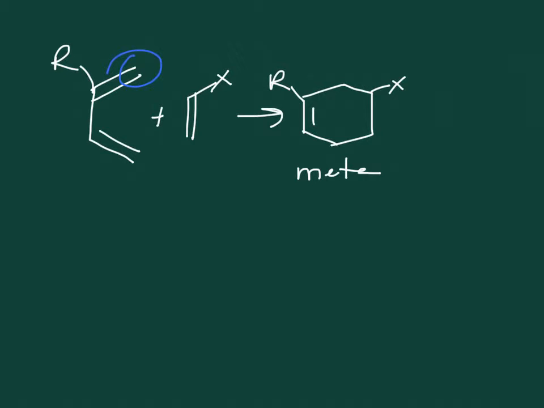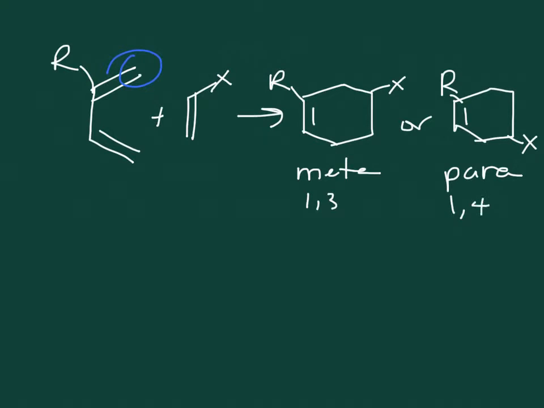Okay, you just have to have that 1-3 relationship, or we can get a para product if the dienophile is flipped. So then there's a 1-4 relationship there. Again, this is the major product. This is the minor product. So let's explore why this occurs.